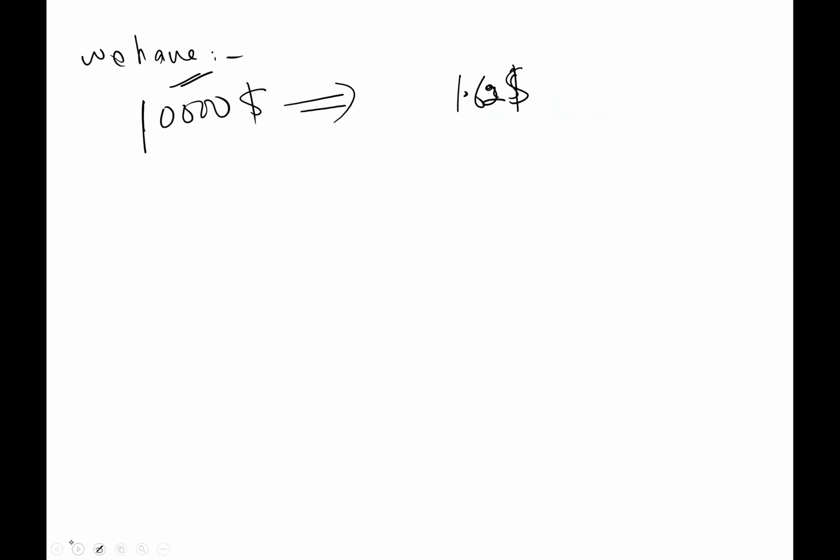We have $10,000, so 10,000 divided by 1.62 leaves us with 6172.84 pounds, right?